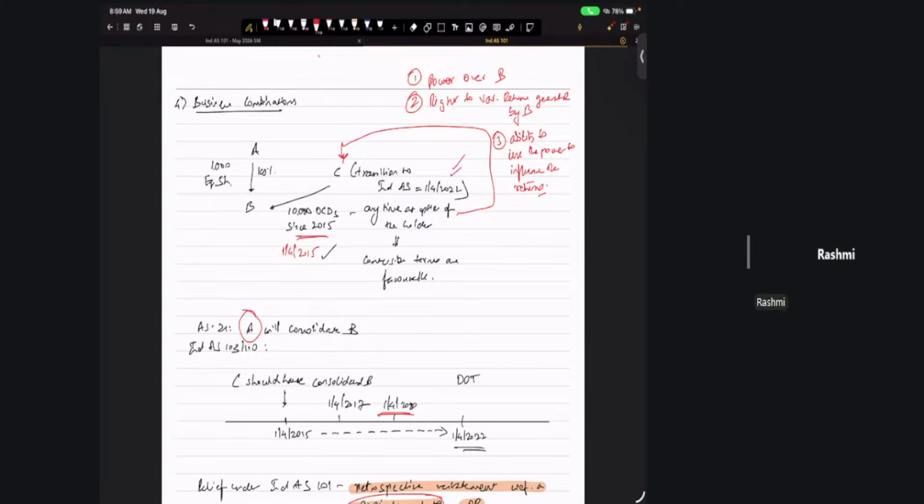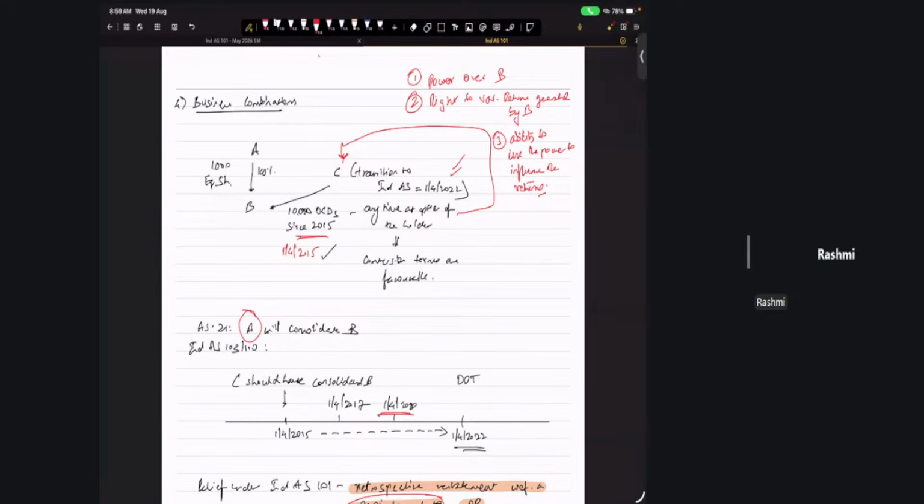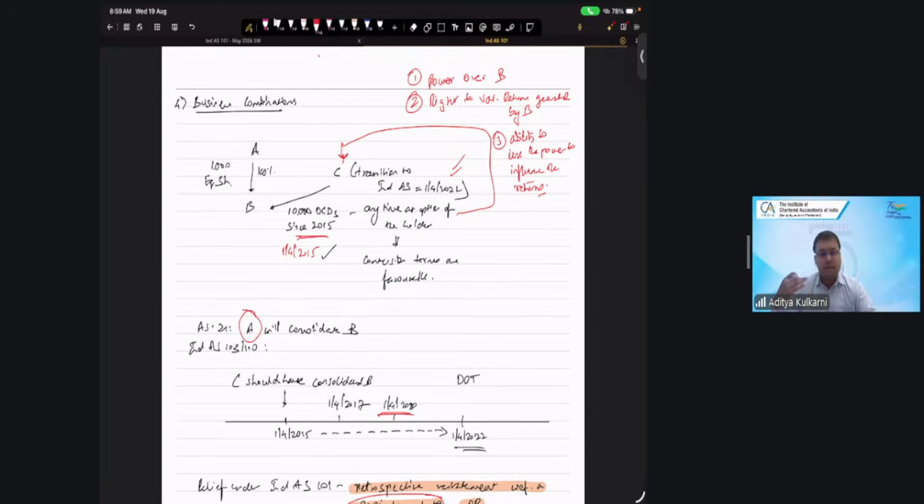Why do you say so? Because C is also holding, like C is a subsidiary of B, no? I'm not even coming to subsidiary or holding. Why do you feel that no decision can be taken without C's concurrence?